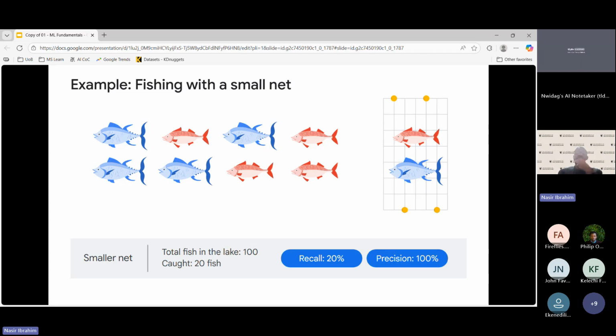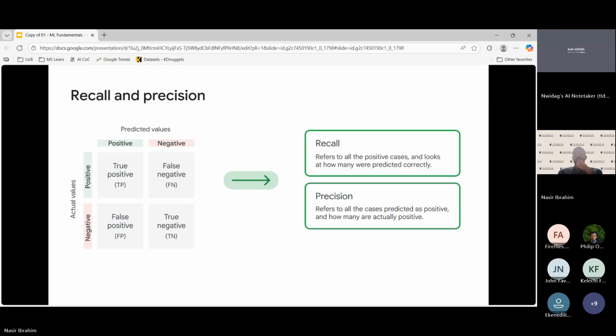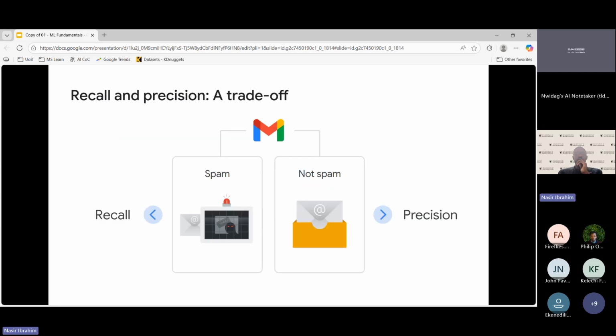And just to summarize, based on the confusion metrics, you can derive the recall, the precision, the accuracy, and other measures. I hope this gives you a bit of clarity.